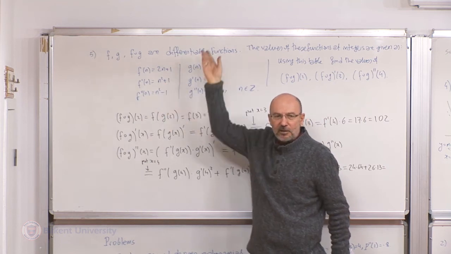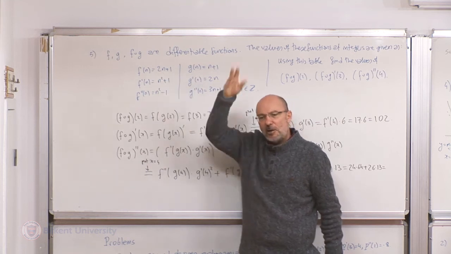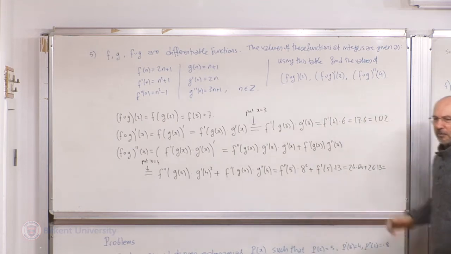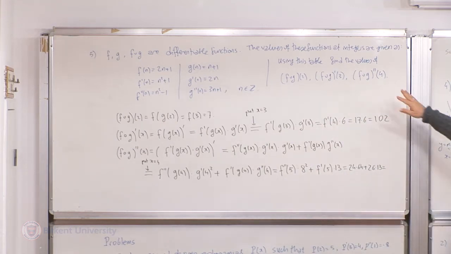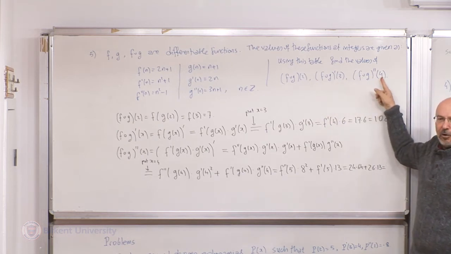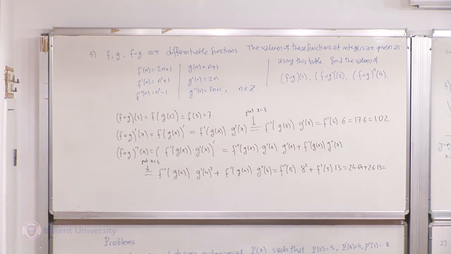F of x is something different, but when x is an integer it takes this value. Then it may go up and down. Only these three values, yes, and we evaluate only at these. You see here we evaluate them at integers. If I had 4.1 here, this information does not tell us anything. Okay, any questions?